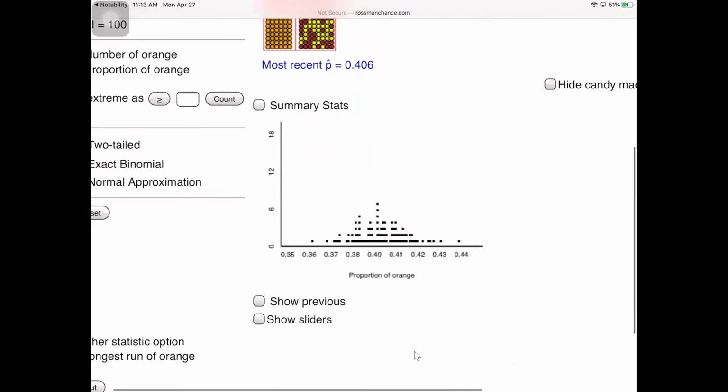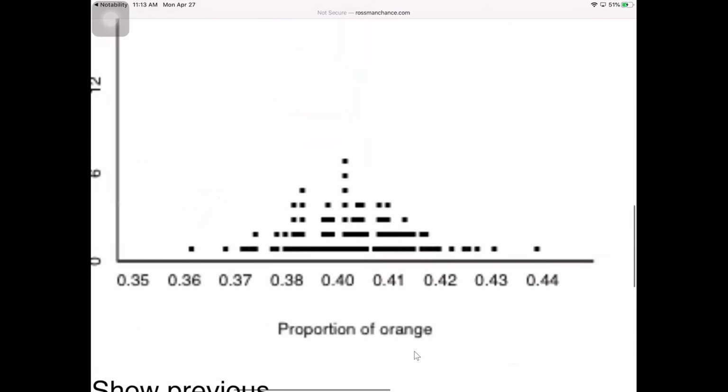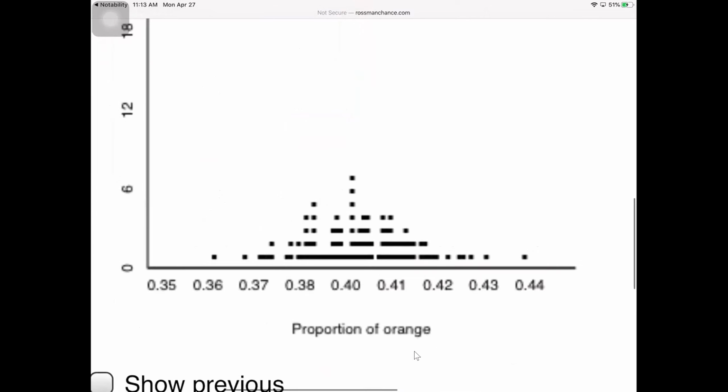All right, so let's look at this new distribution. Let's zoom in on it. If you look at it, it's still narrowing down. The middle portion is still at 0.40, which makes sense because we already knew that the population proportion of orange candy was 0.40. So we already know it will hover around 0.40.